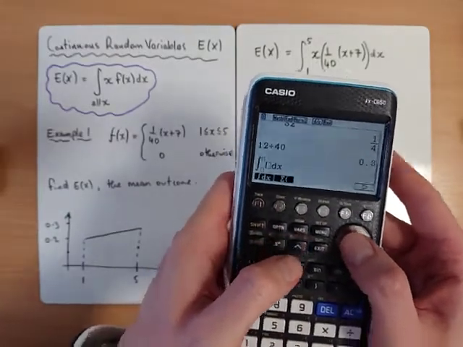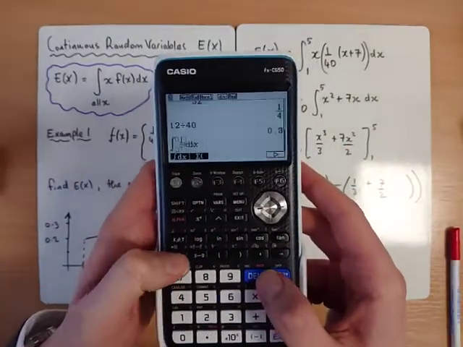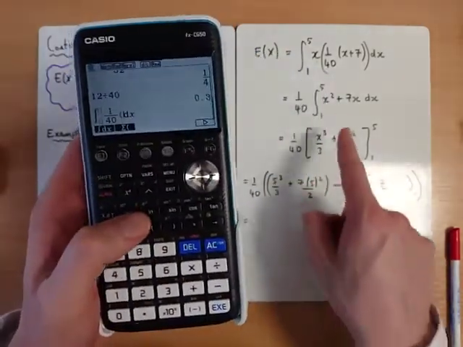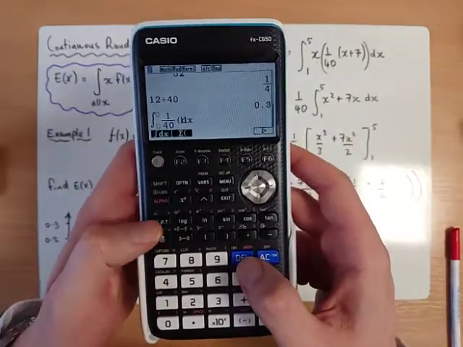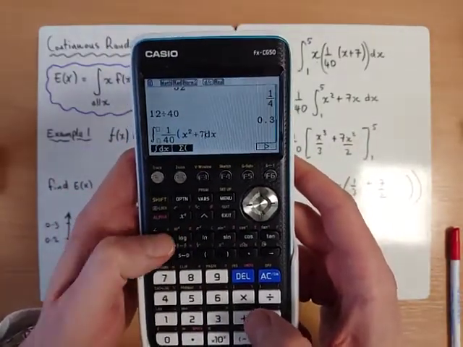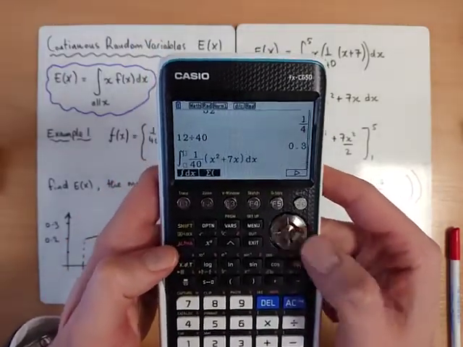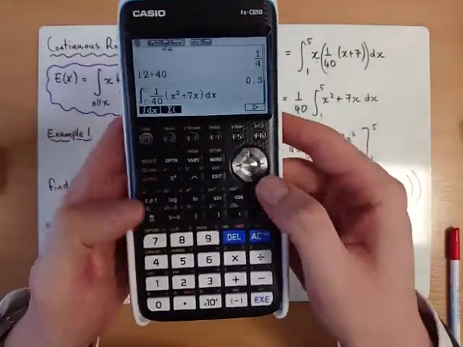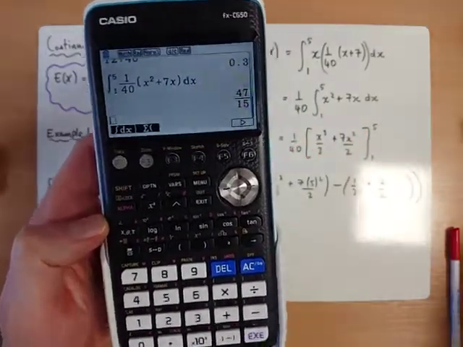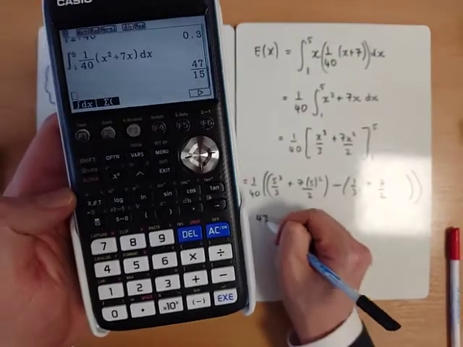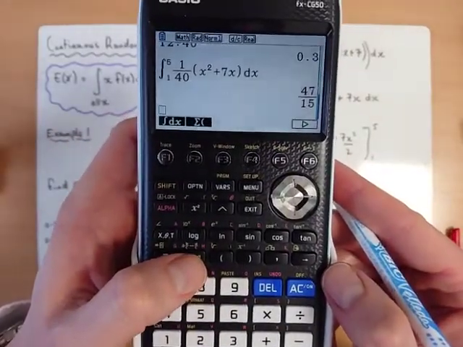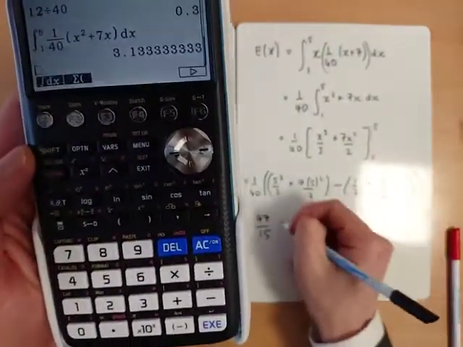So we're going to integrate 1 over 40 times x squared plus 7x, and then the limits are 1 and 5. And I get 47 over 15.